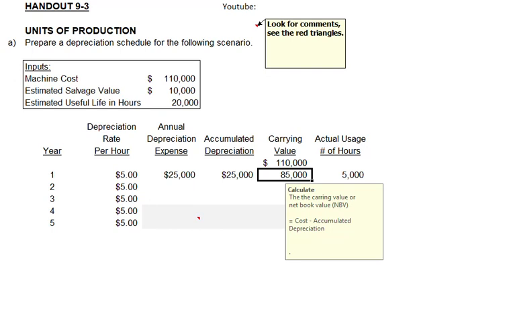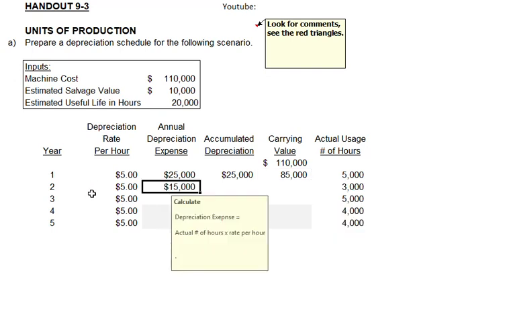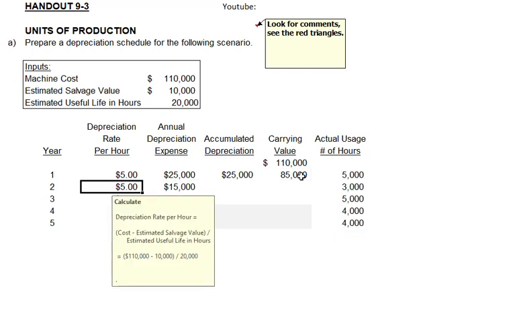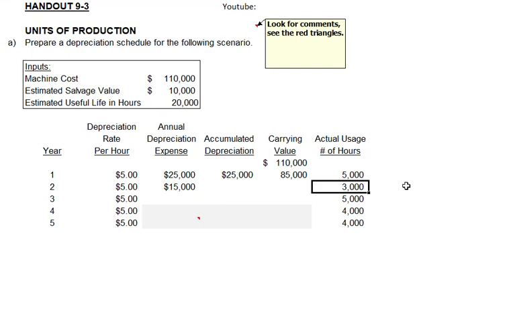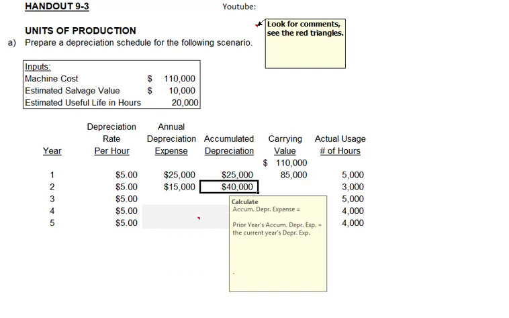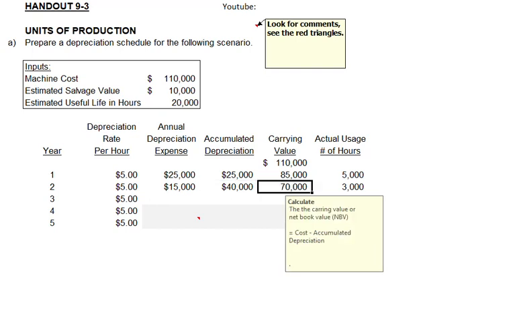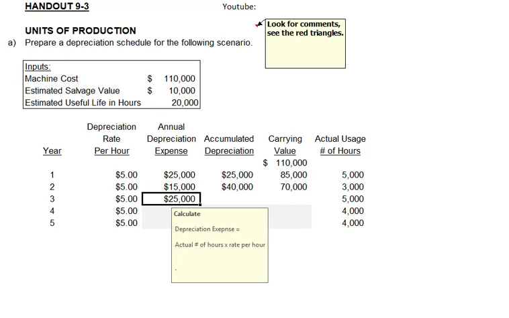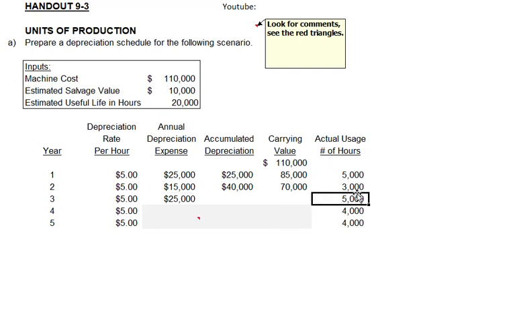Our depreciation expense in the second year will be our $5 in cost. We've used it fewer hours, only 3,000 hours, so 5 times 3,000 is 15,000. Our accumulated depreciation goes up to 40,000, and our net carrying value goes down to 70,000. In the third year, we again use the equipment for 5,000 hours.